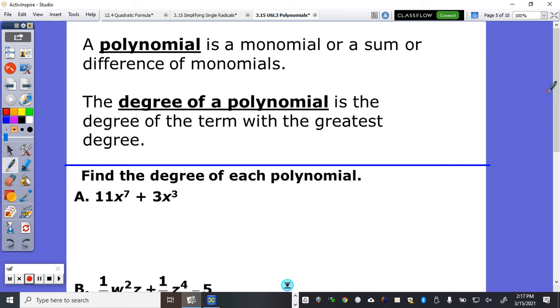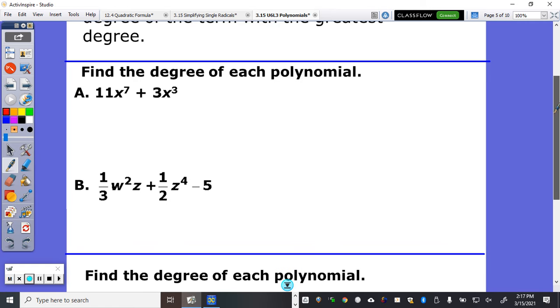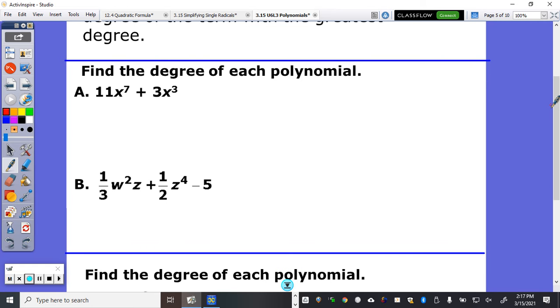Because then we're going to want to find the degree of a polynomial. This is kind of a generic term, but it's basically a monomial or a bunch of different terms. We're going to have more names for these in a second. If I want to find the degree of a polynomial, I'm going to find the degree of each term, or each monomial, in the polynomial.